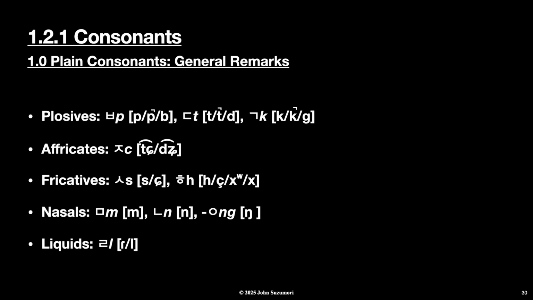There are 11 plain consonants in Korean, which fall under the categories of plosive, affricate, fricative, nasal, and liquid. These consonants can be classified into 4 natural classes. Remind that plain consonants serve as the base of aspirated and tense consonants, as we've discussed in KGTL 1.1.